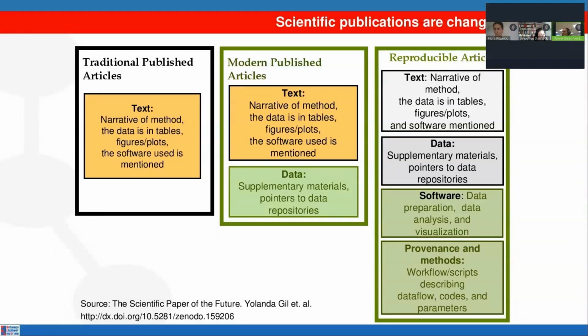And we have even moved from these modern published papers to reproducible papers that not only take the narrative and the data, but also make an effort to put the software, the provenance and the methods in a more structured and clear way associated with the papers. When I'm talking about papers, I think this also applies to the project reports or the studies that you do, like, for example, what we saw in the previous presentation.